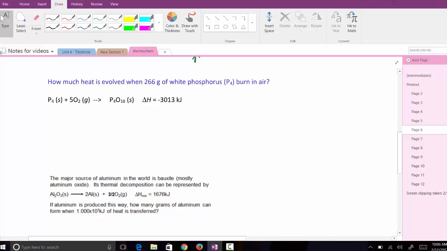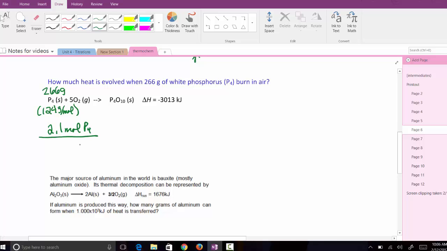So here I have 266 grams of phosphorus, and so P4, so 30.97 times 4. So I get, we're just going to round, about 124 grams per mole for P4. So that means I have 266 divided by 124, so 2.1 moles of P4.